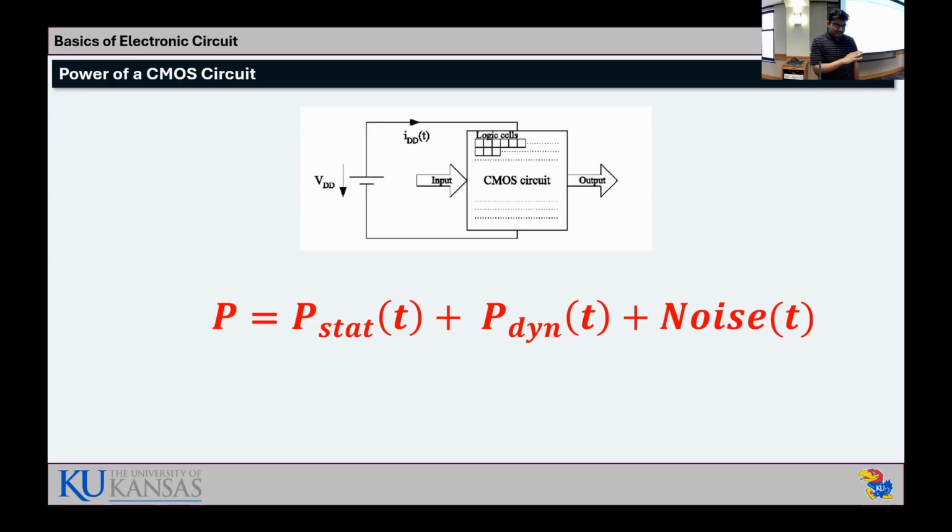So that static power is not our concern. The only thing we will be concerned with here is dynamic power, which is the power when you are switching the transistors inside your circuit. With every switching, dynamic power changes significantly. The static power and noise are so negligible that you can actually ignore them.